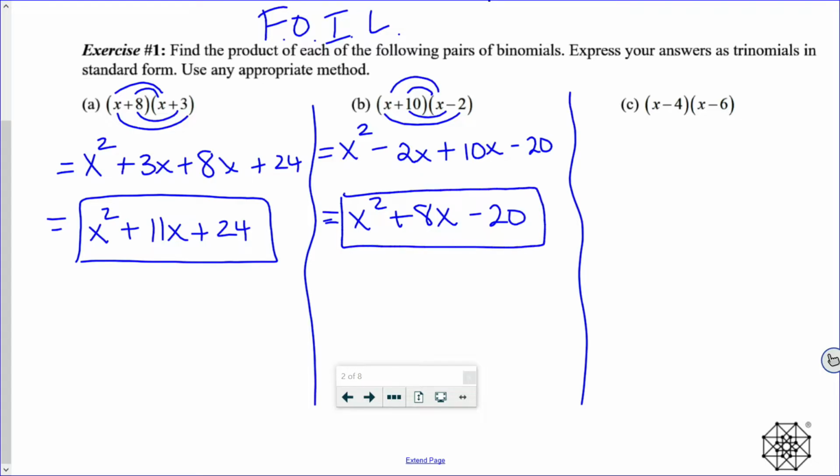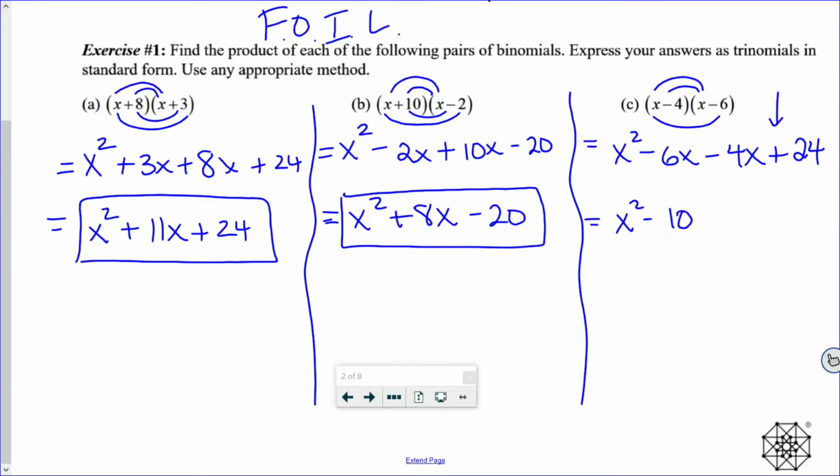All right, finally, x minus 4 times x minus 6. X times x is x squared, x times negative 6 is negative 6x, negative 4 times x is negative 4x, and negative 4 times negative 6 is positive 24. Very important. X squared minus 10x plus 24.